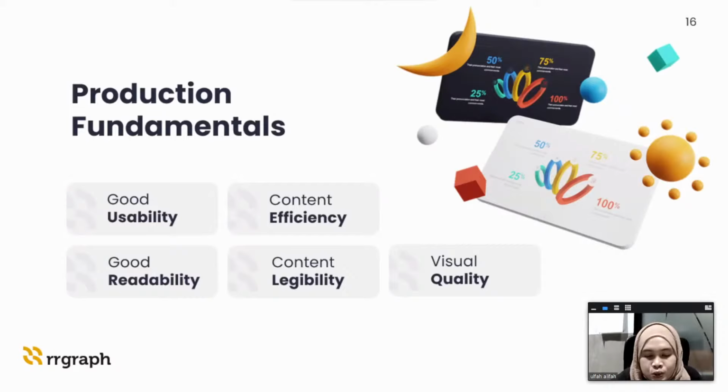Besides the usefulness of the presentation based on the category, usability can be about the typography, the colors, and also the white space, like I said before, and also the visual elements that people can understand and read more easily, especially people with disabilities.